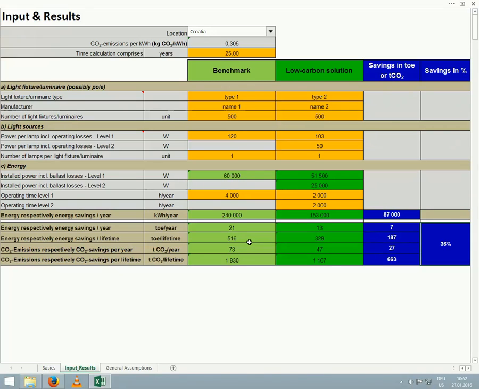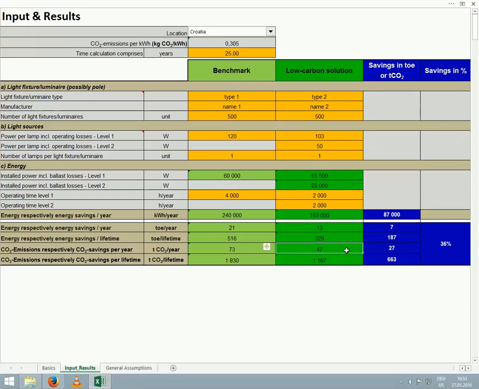Over the course of a 25-year lifetime, the low-carbon solution would reduce consumption by 187 tons of oil equivalents. This means that, of course, low-carbon street lighting results in far fewer emissions than the less energy-efficient options.